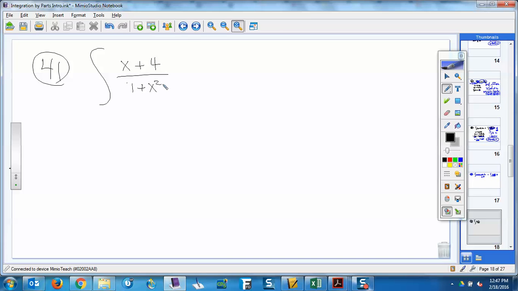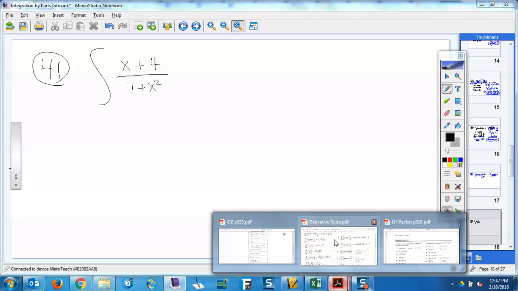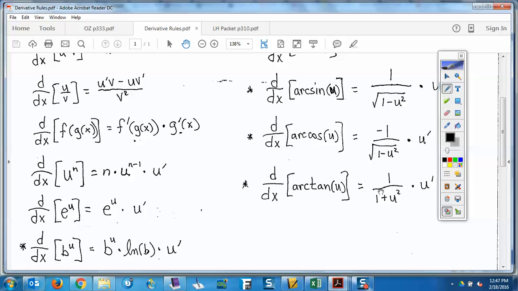But why would I want to write that 1 plus x squared? What would be the advantage of writing that as 1 plus x squared? It looks like arctangent. Now, you don't have to write it 1 plus u squared. It could be u squared plus 1, right? It doesn't matter. That's how we write it. Now, in arc sine, it does matter. You got a minus sign, right, with the square root.